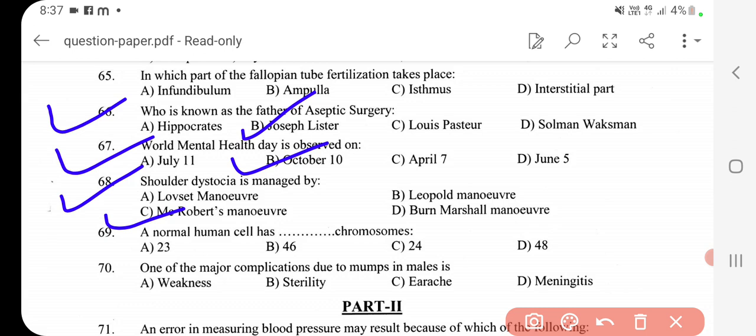This is also a very easy question. 46 chromosomes. Next, 70. One of the major complications due to mumps in males is weakness, sterility, earache, meningitis. So right answer is sterility, option B.